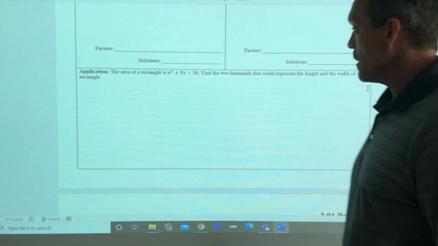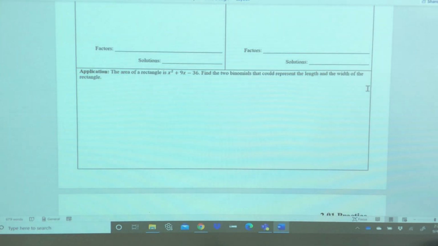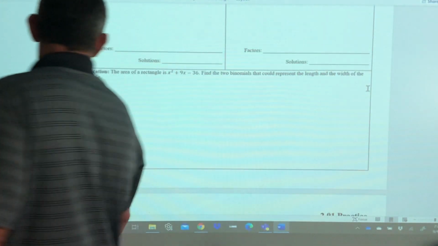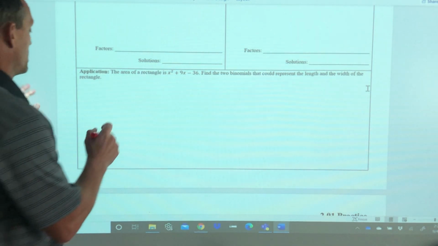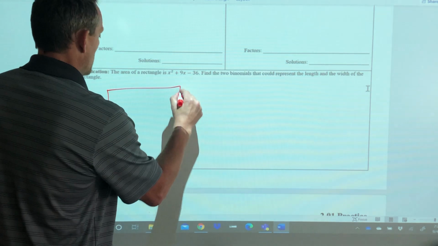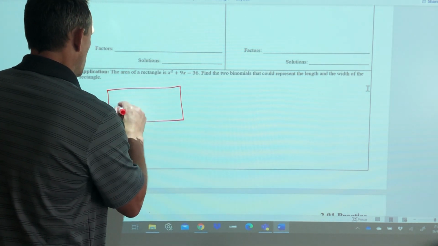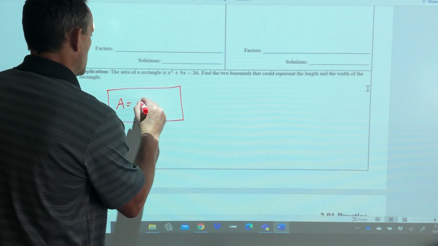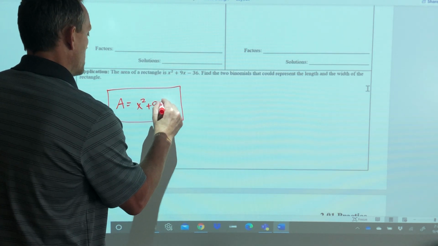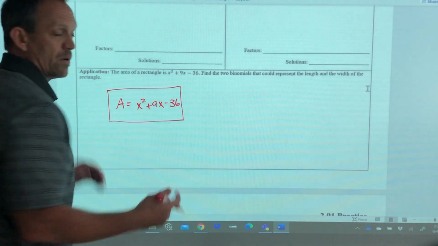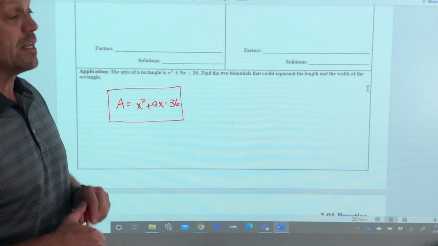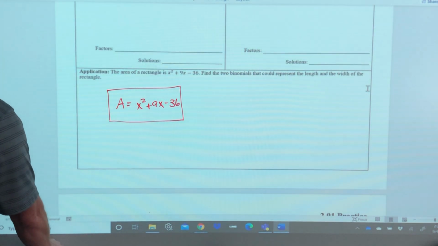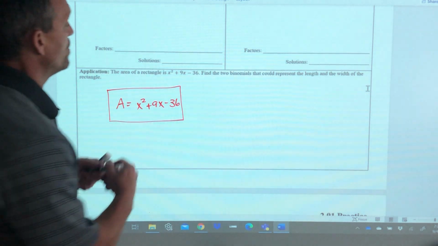All right, so it says a rectangle has the area of x squared plus 9x minus 36. So area, we don't know what the area is, and to be honest with you, the area is totally irrelevant. It doesn't matter. Okay? What does matter is what they're asking you.